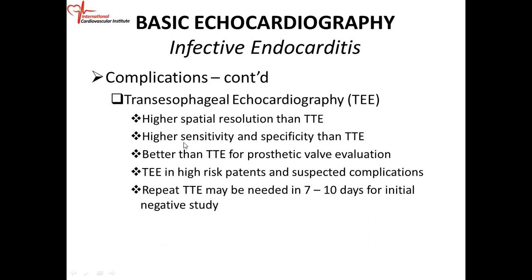It has higher sensitivity and specificity than your transthoracic, and it's better if you're looking at the prosthetic valve, especially the mitral prosthesis. So if you have high-risk patients, you definitely want to do your transesophageal echo. If you suspect complication, abscess, fistula, stuff like that.